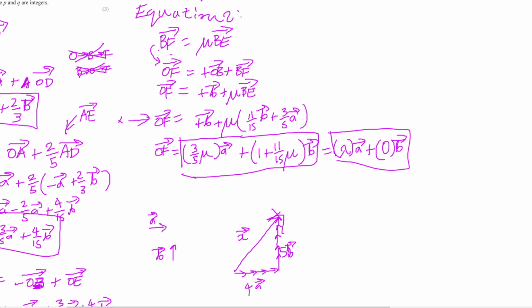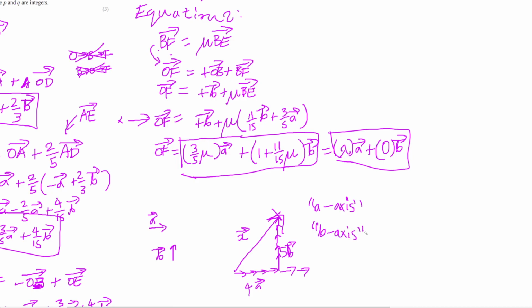Because if you try to use a different number of A's, then the outcome of the vector would always be skewed in the sort of A axis, and the outcome of the vector would always be skewed in the sort of B axis if you try to use a different number of B's.